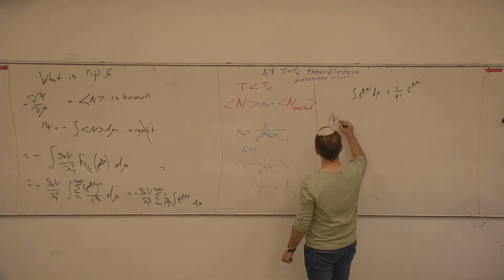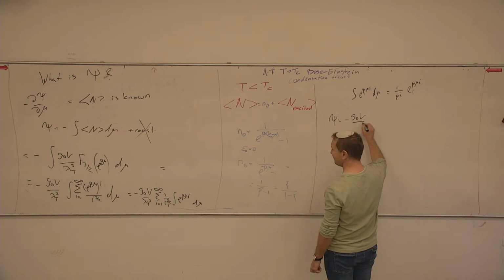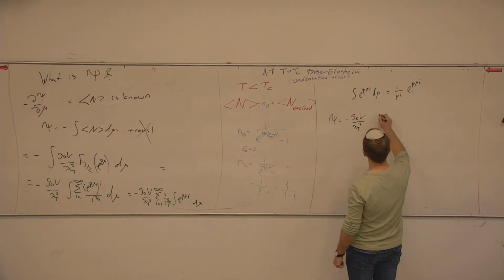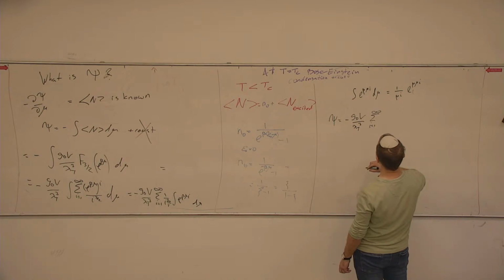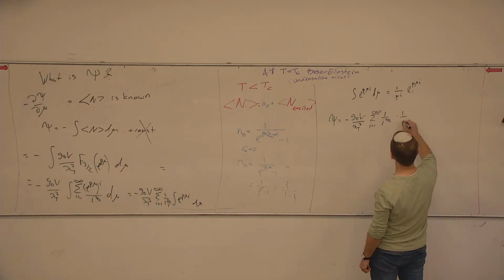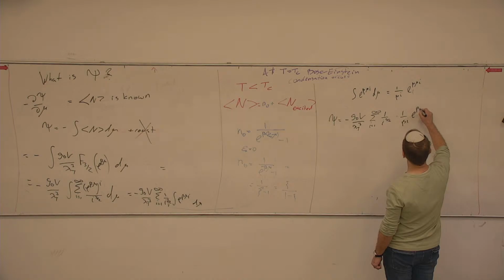So psi equals minus g0v divided by lambda t to the third power, a summation of i goes from 1 to infinity of 1 over i to the 3/2 multiplied by 1 over beta i e to the power beta mu i.